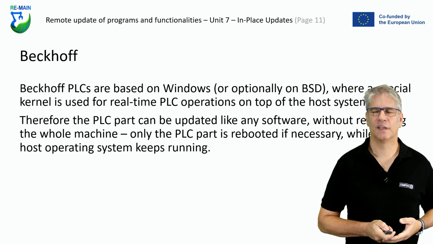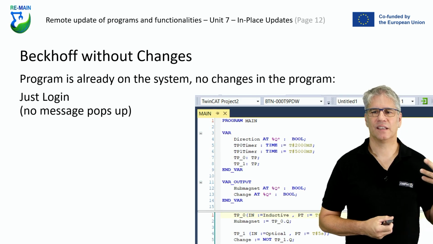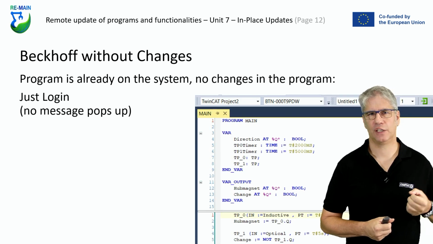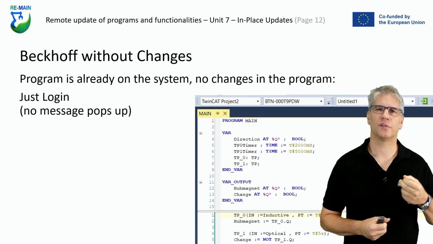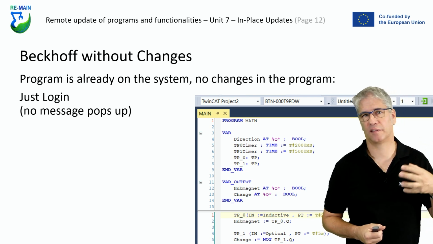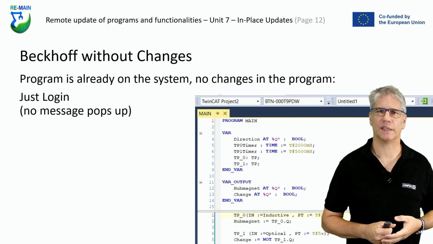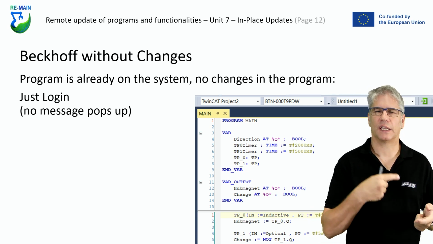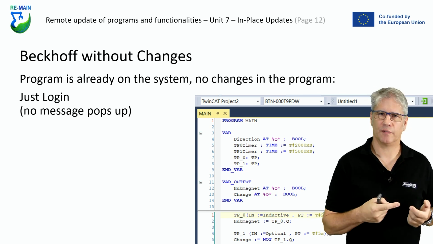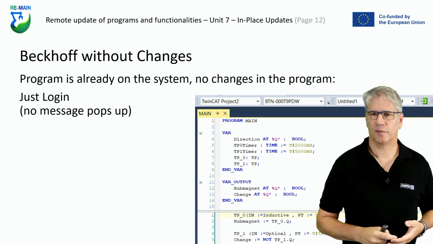And this means that you can just change the whole system without rebooting the machine, because the PLC part is some kind of program running on the CPU. Therefore you don't have to shut down Windows and everything, but just change the PLC part.